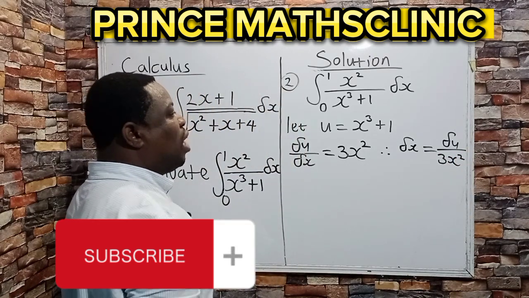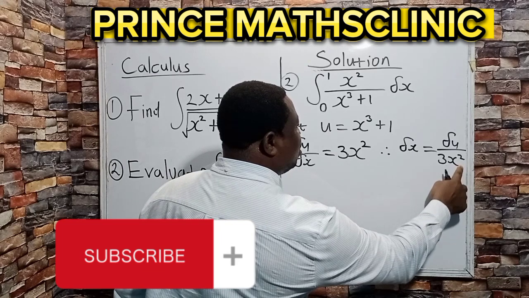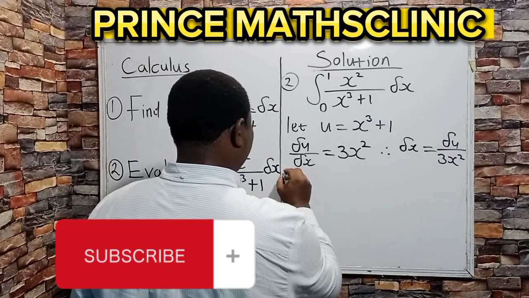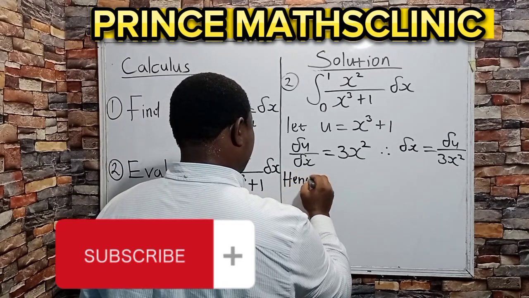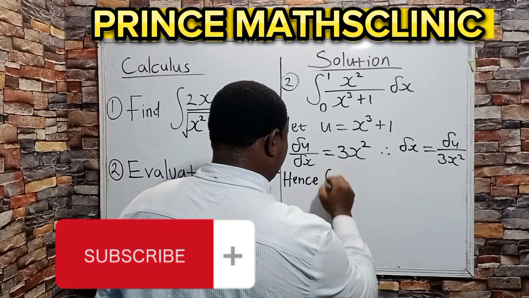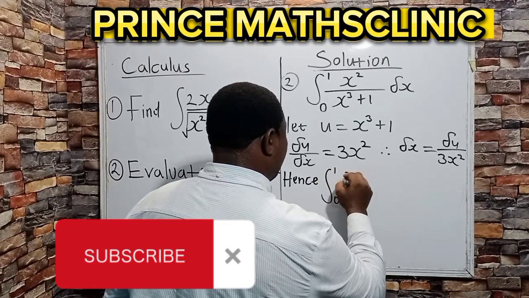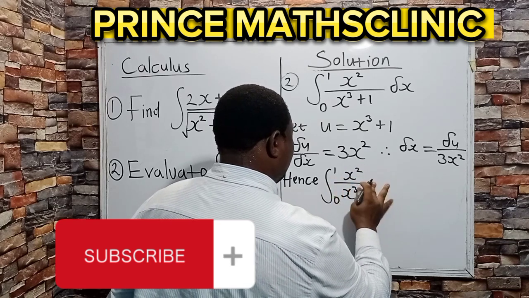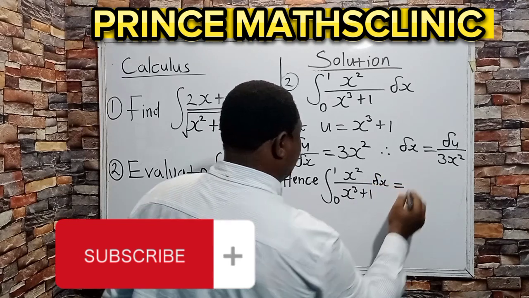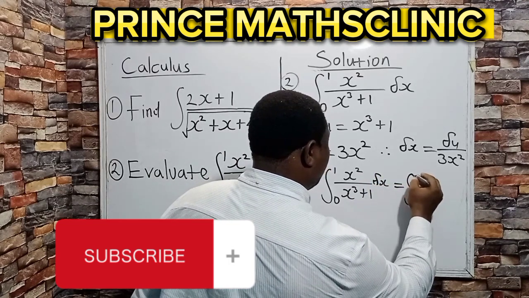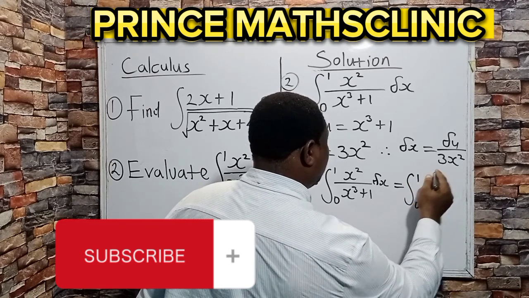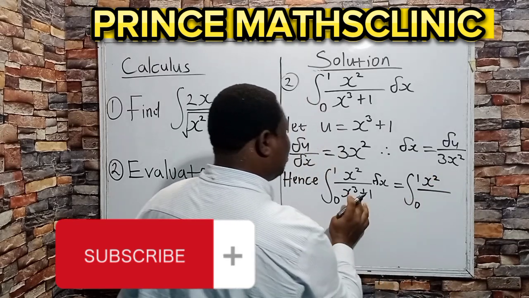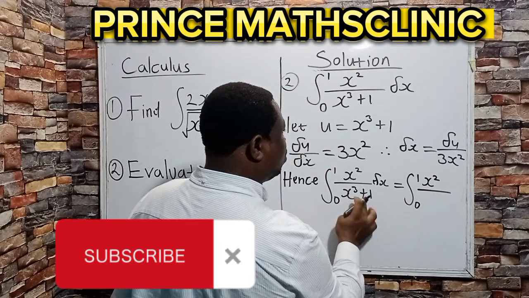Now you can see the goal. I've gotten an item in the denominator that can cancel out my numerator. Hence, this integral is now my x squared will come over this, now becomes what?